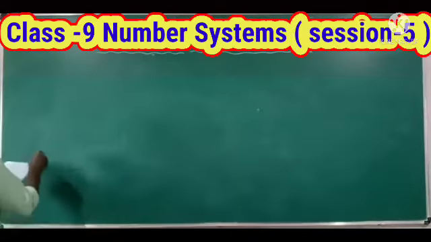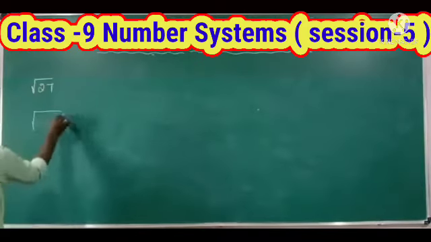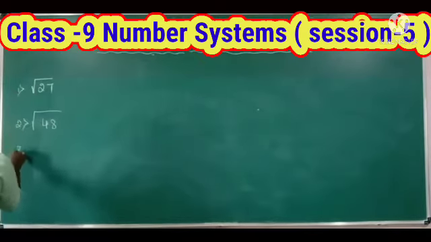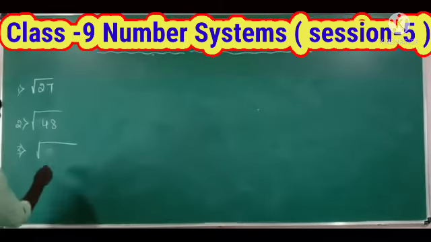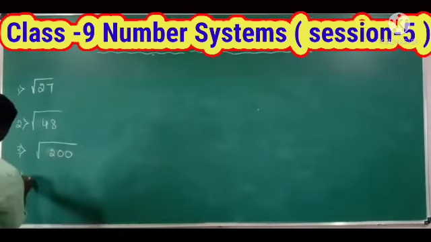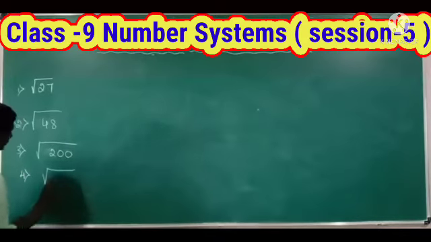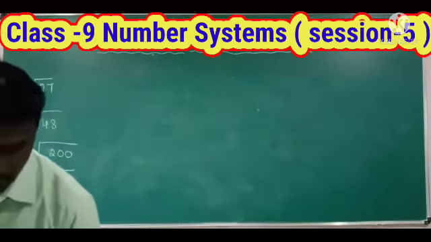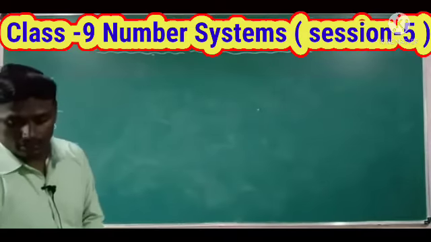See the first question, root 27. Second, root 48. Third, root 200. Fourth, root 80. For these questions you need to find the least rationalizing factor.